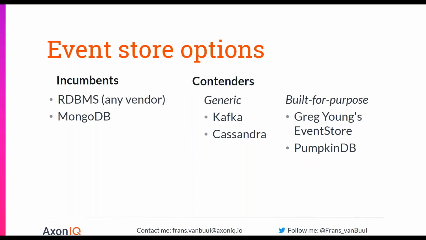Those would be Kafka, so primarily a message bus, but you can also use it to persist events indefinitely, and Cassandra. And then there are also some built-for-purpose event store engines. Greg Young's event store is mentioned most often. We had some questions on that based on the previous version of this webinar, so now we're including it explicitly, so I'll say a few words about that later on. And PumpkinDB is a project we have noticed and is occasionally mentioned in this context.